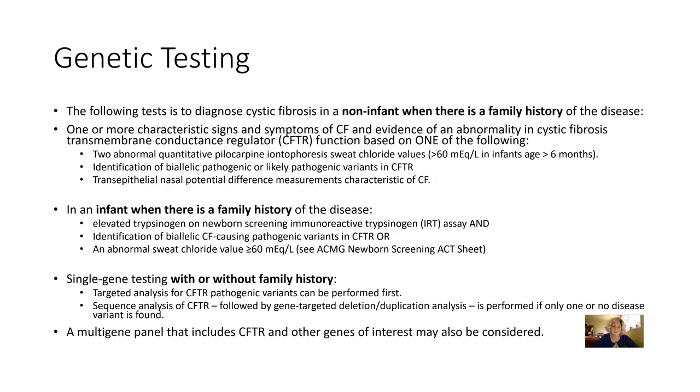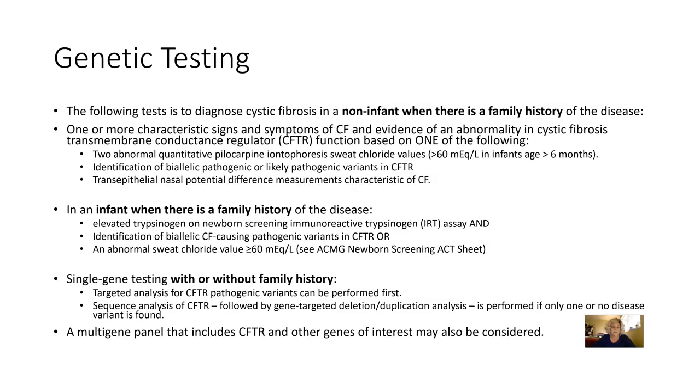So this could be a toddler or child. They need to have 2 abnormal quantitative pilocarpine iontophoresis sweat chloride values tests, an identification of biallelic pathogenic or likely pathogenic variants in CFTR, and transepithelial nasal potential difference measurements characteristic of CF.